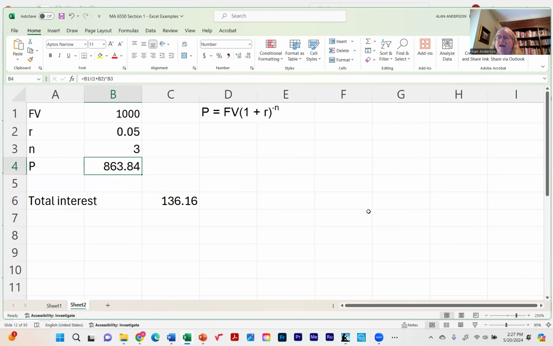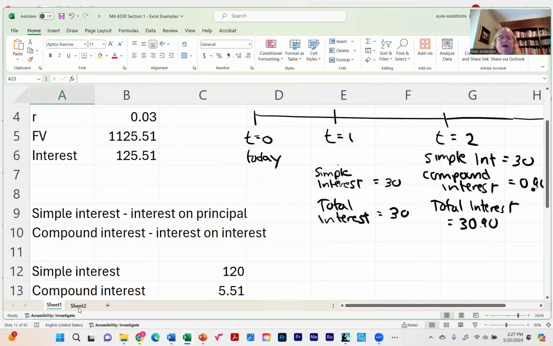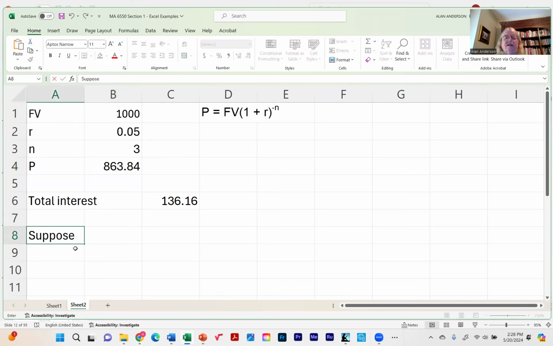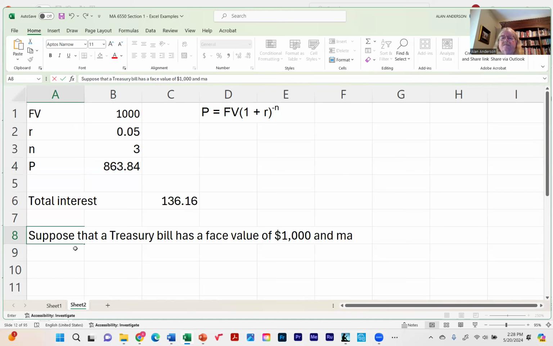Excellent. By the way, you may not realize it, but a lot of financial securities in the marketplace are priced as nothing but the present value of their future cash flows. So in other words, just as a quick example, suppose that a treasury bill has a face value. And by the way, we'll be spending a lot of time talking about interest rates and bonds in the future of this course. The face value is how much you'll receive on the maturity date.